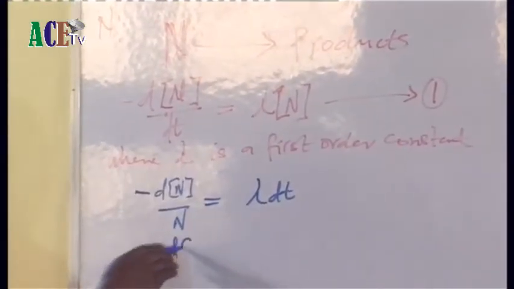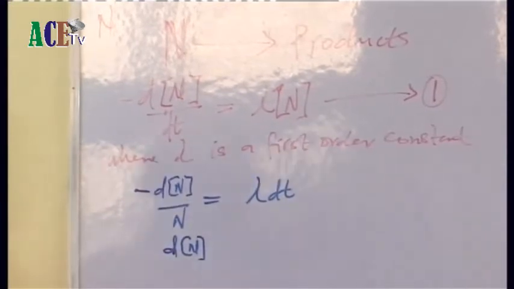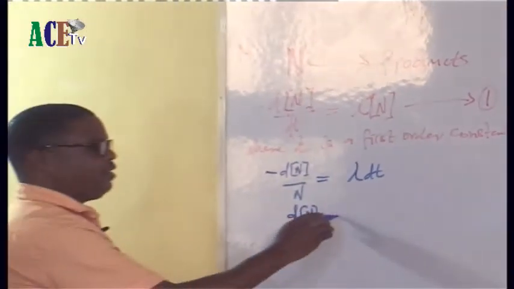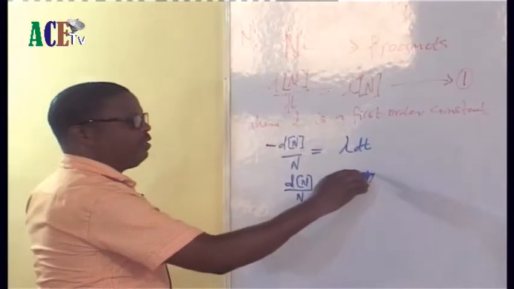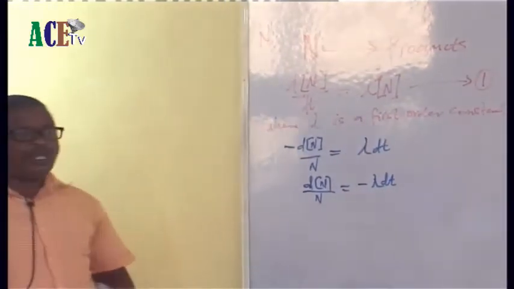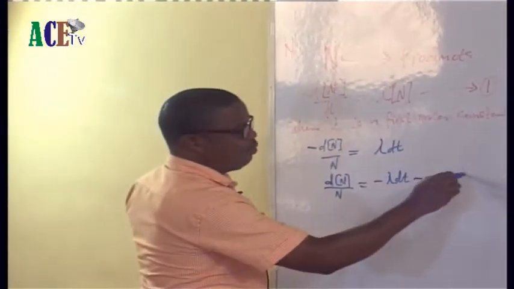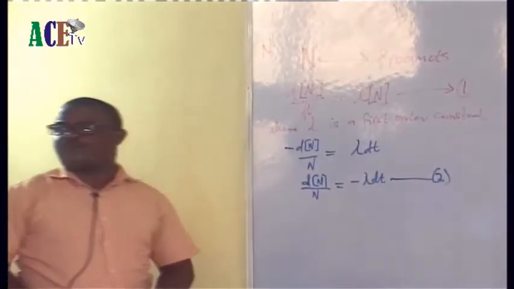dN over N is equal to minus lambda dt. And that is the second equation, which is equation 2.